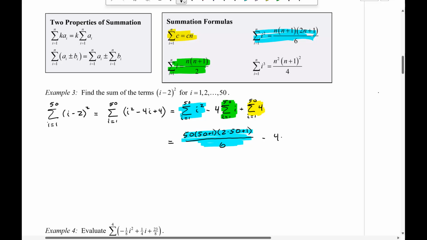Now we're going to take our 50 and plug it in here and here. And that's what our green summation becomes. And finally, we've got a 4 for our constant in the yellow summation, and we're going to multiply it by 50 here. So that last yellow summation becomes 4 times 50.